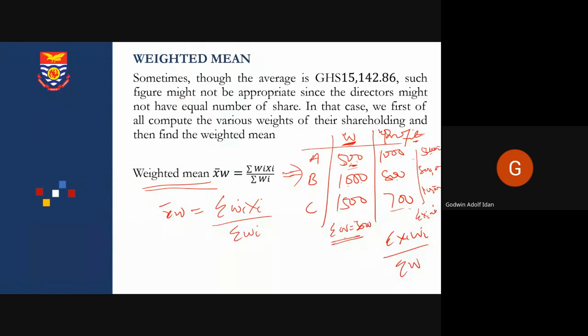The summation is 2,350,000, which is 2350 followed by 3 zeros. So we are going to do 2350 thousand divided by 3,000.